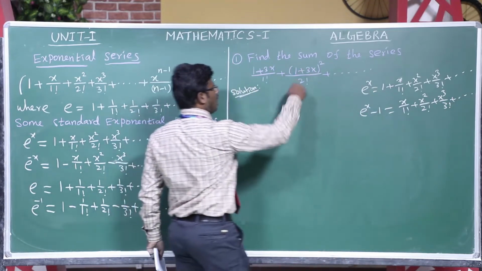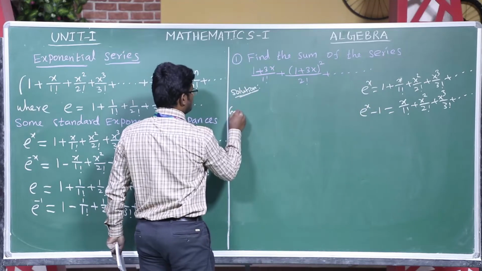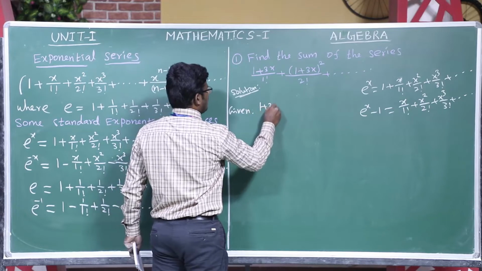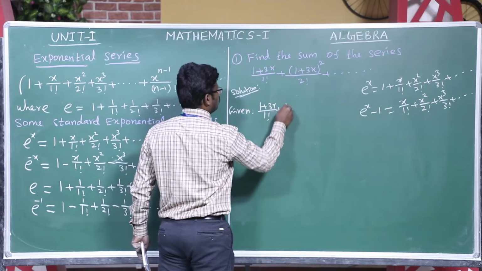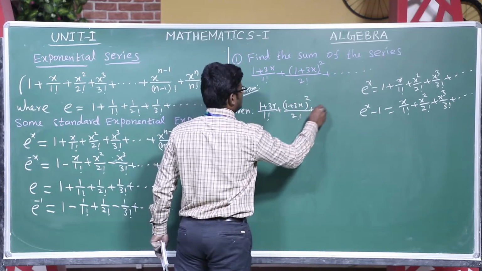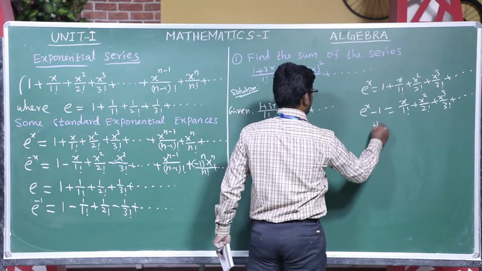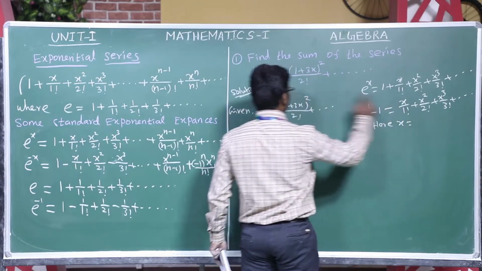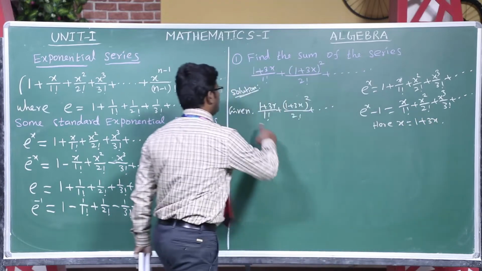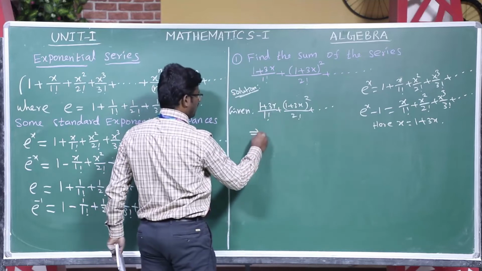Comparing to this formula, what is given? Given is 1 plus 3x by 1 factorial plus 1 plus 3x the whole square by 2 factorial plus etc. Comparing to this, here x is equal to 1 plus 3x. So we replace this series by e power x minus 1.